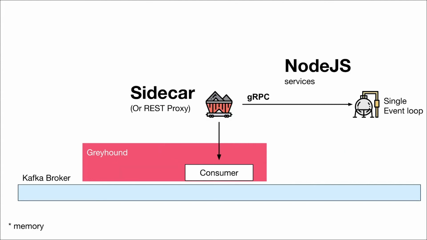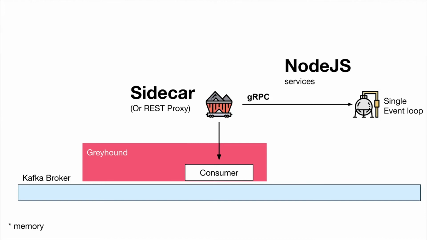So instead, we created a sidecar, a proxy service for Greyhound, which Node.js communicates with using gRPC. So this really helped us have new features in Greyhound easily provided to Node.js services as well.